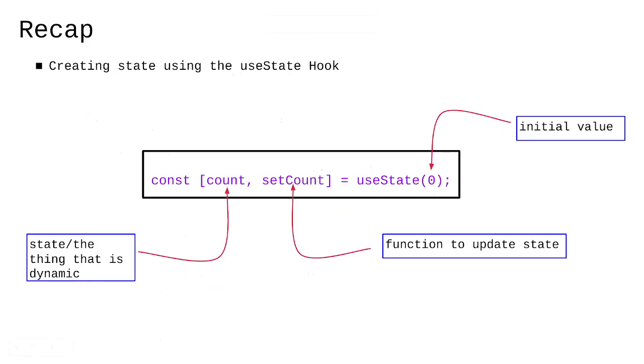So in that case, we would create a state variable that is used to manage the contents that is returned from the API. All right, hope that made sense. And finally, the second thing is simply the function that allows me to update the state. Okay, I'll leave it here.